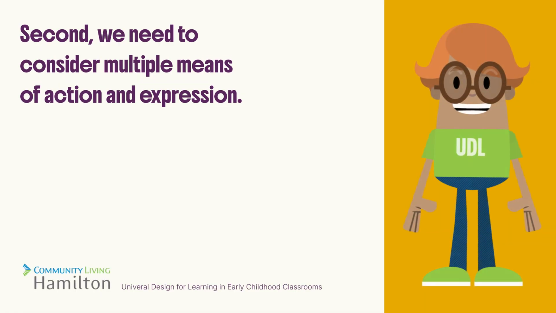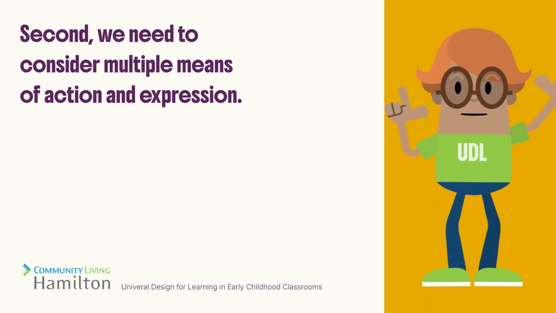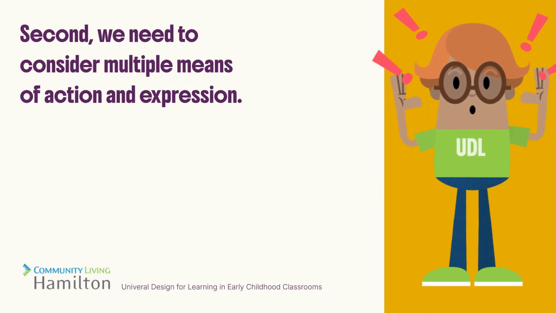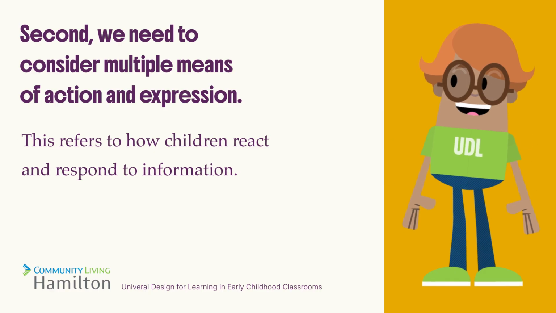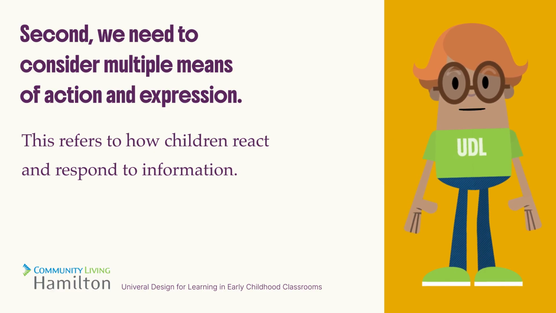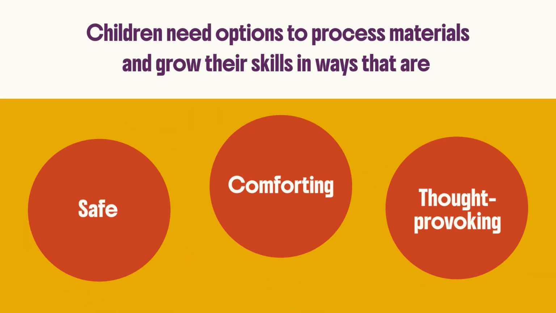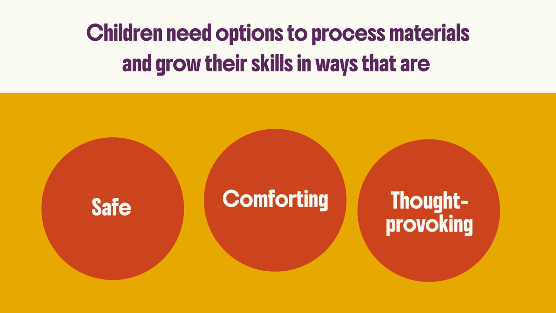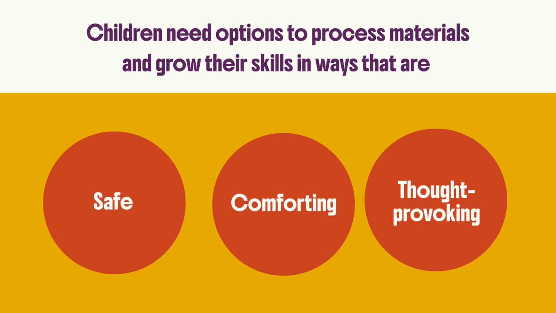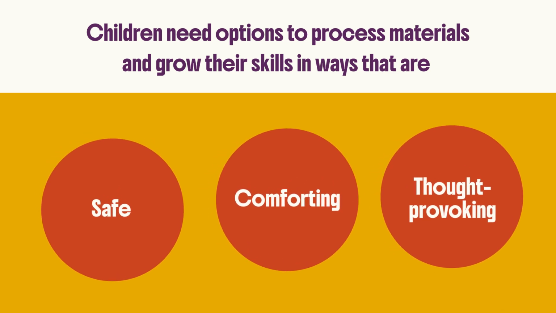Second, we need to consider multiple means of action and expression. This refers to how children react and respond to information. It means opportunities. Children need options to process materials and grow their skills in ways that are safe, comforting, and thought-provoking.